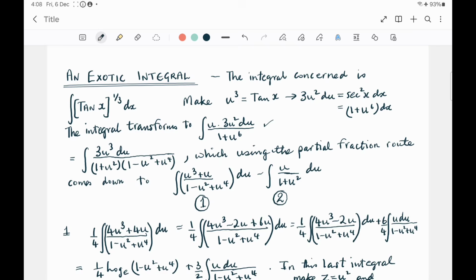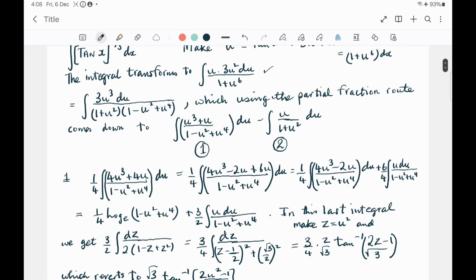So I'll deal with the first one first, number 1, and I've written it as 1/4 integral of 4u cubed plus 4u over 1 minus u squared plus u to the 4th, which is 1/4 integral of 4u cubed minus 2u plus 6u over 1 minus u squared plus u to the 4th, which I've then split up as 1/4 of the integral of 4u cubed minus 2u over 1 minus u squared plus u to the 4th, plus 6/4 u du over 1 minus u squared plus u to the 4th.